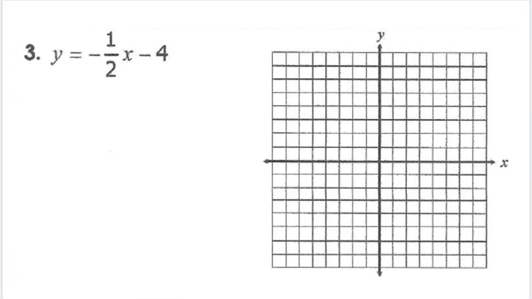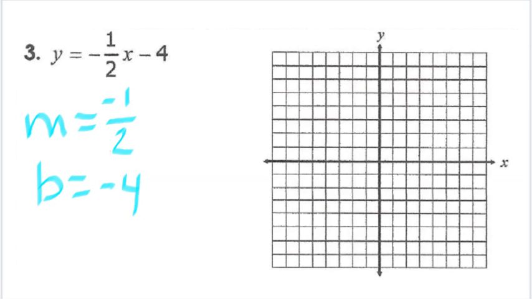All right, so let's look at this one. First thing we're going to do is identify the slope, which is m, and the y-intercept, which is b. So the slope here is -1/2, and my y-intercept is -4. So we're always going to start at the y-intercept.